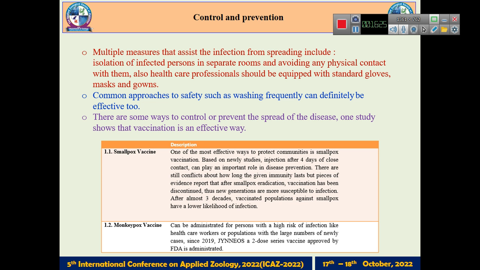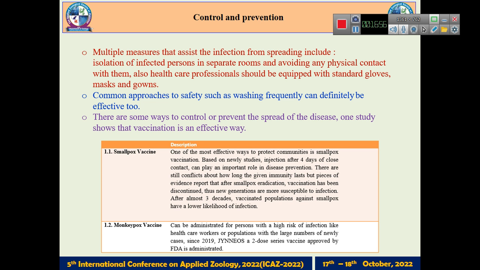Prescribed and used are commonly known as smallpox vaccine and monkeypox vaccine. The first one: one of the most effective ways to protect communities is smallpox vaccination, based on new studies. Injection within 4 days of close contact can play an important role in disease prevention.